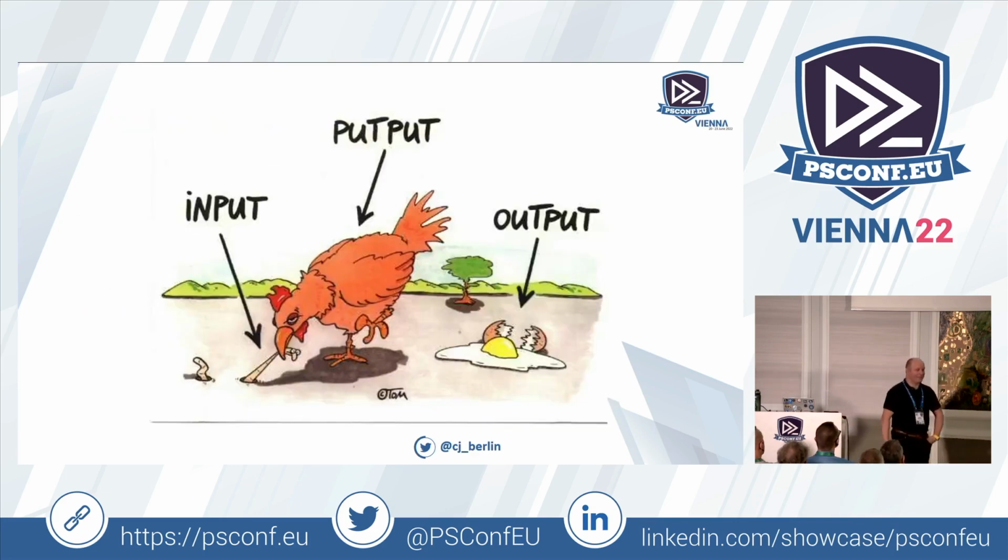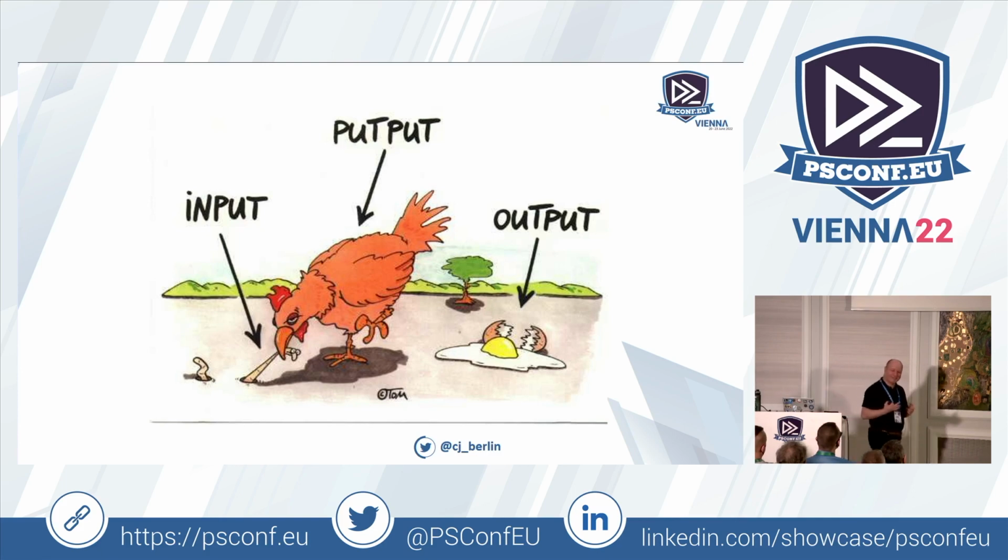Now, any computing follows the same principle, the IPO principle, right? You got some input. It can be an explicit input in the form of parameters or implicit input in the form of the environment you're analyzing.